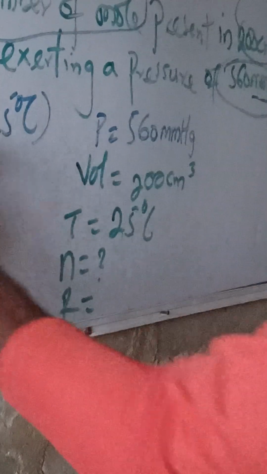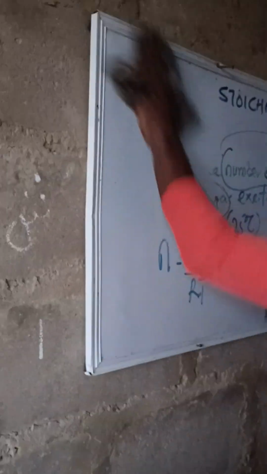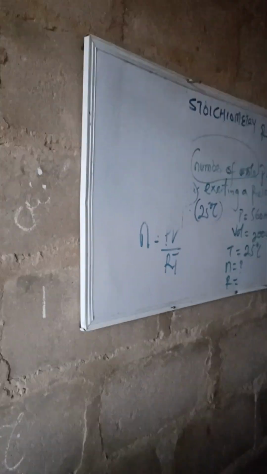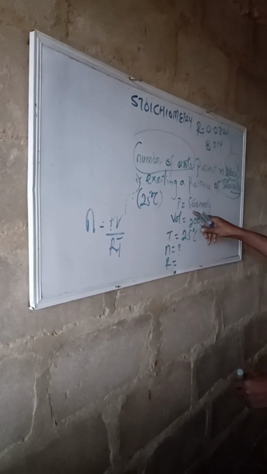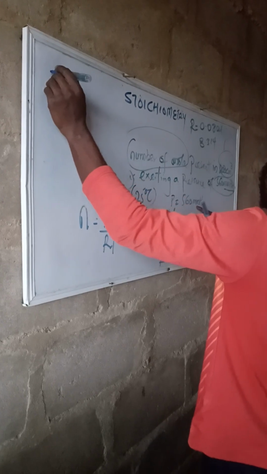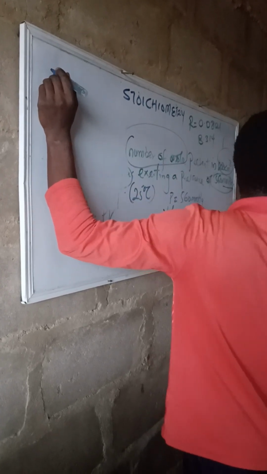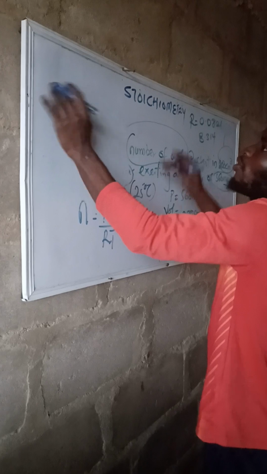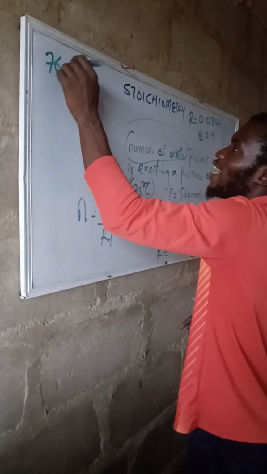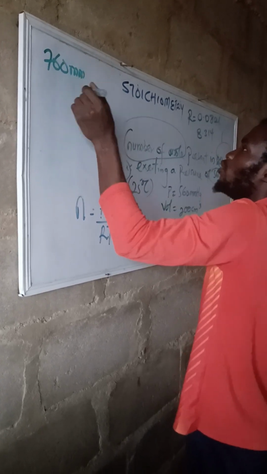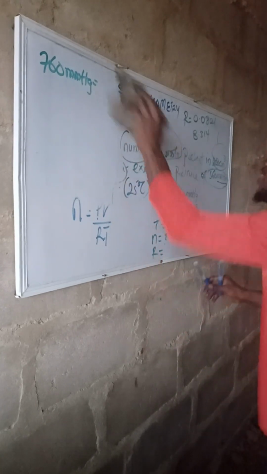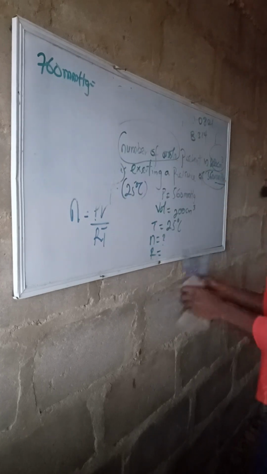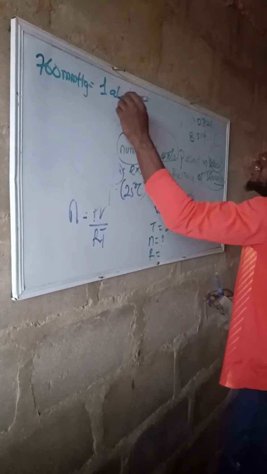Let me clean this up. We are about to round it up, but please listen to this question very well. What we want to convert, let's firstly convert this. Have it in mind that to convert millimeter mercury to atm, 760 millimeter mercury equals 1 atm.